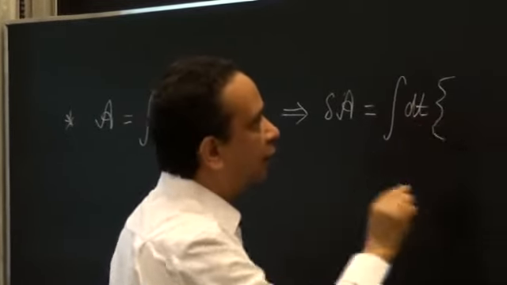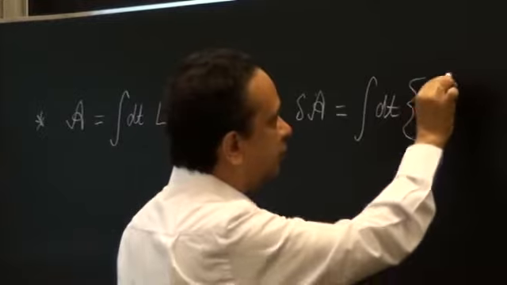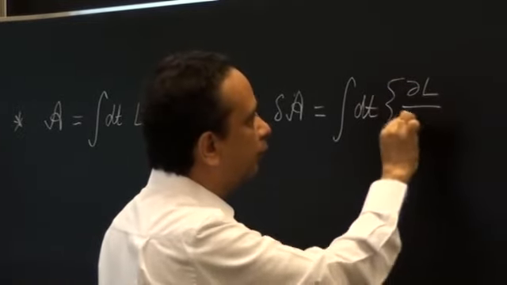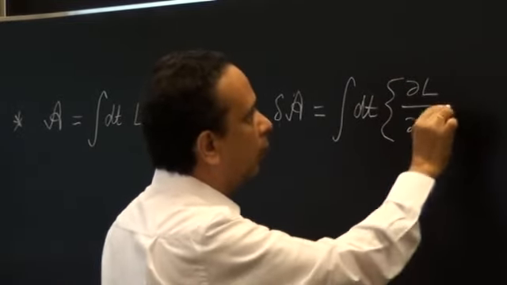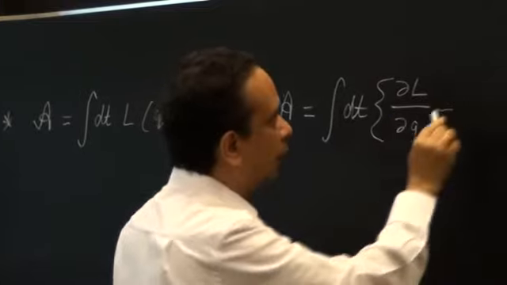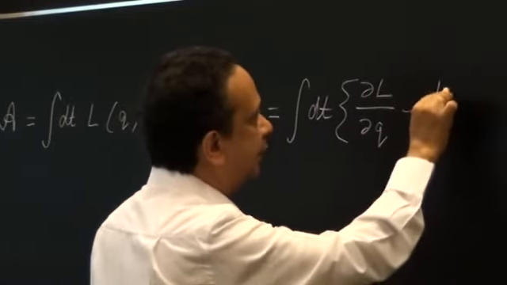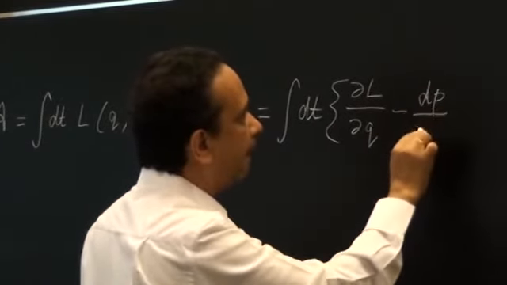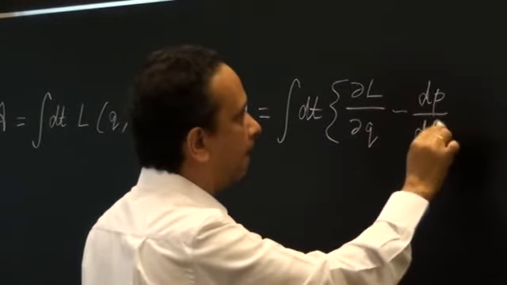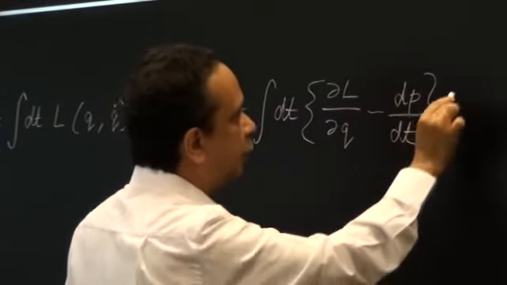Then you have the Eulerian term, which is dL by dq minus, I'll write it as dp by dt, times delta q.